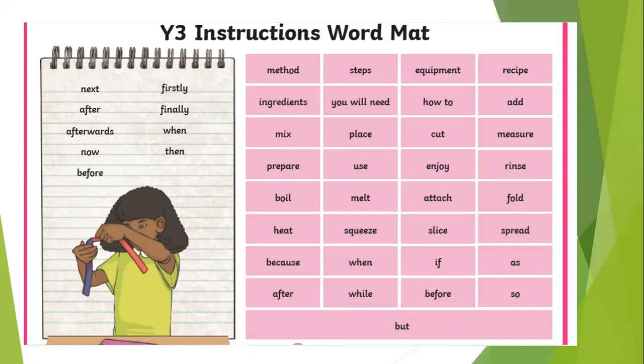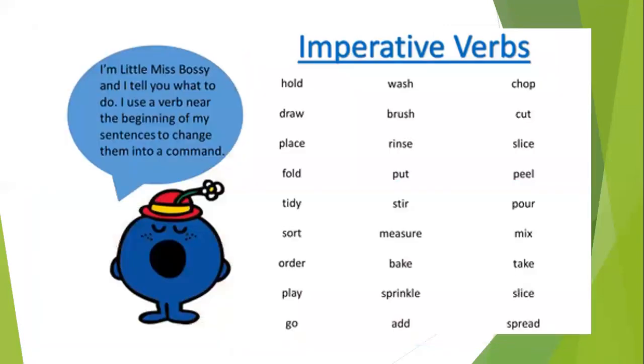And we also have little Miss Bossy with some advice. She says, I use a verb near the beginning of my sentences to change them into a command. And she has given you a lovely list of bossy verbs to use that are going to be helpful for your instructions, hopefully.